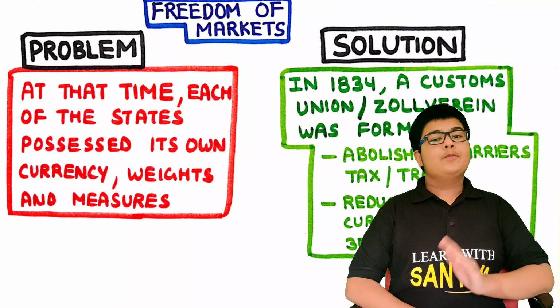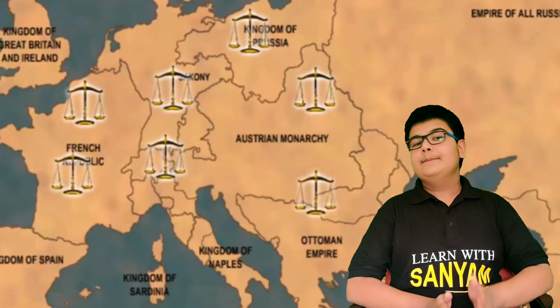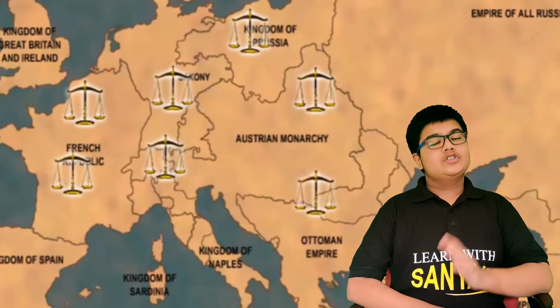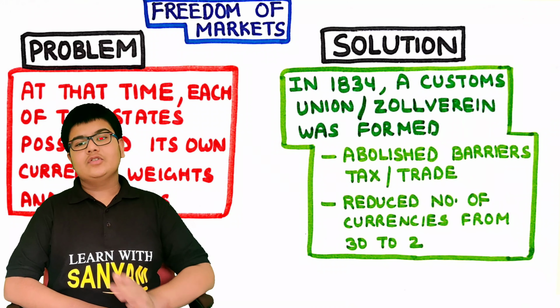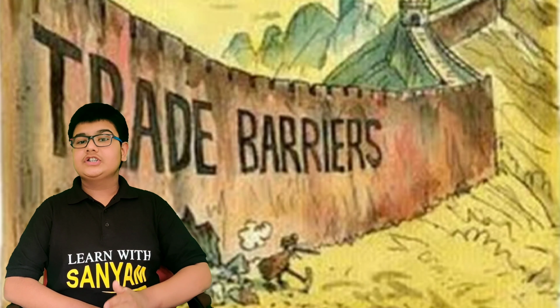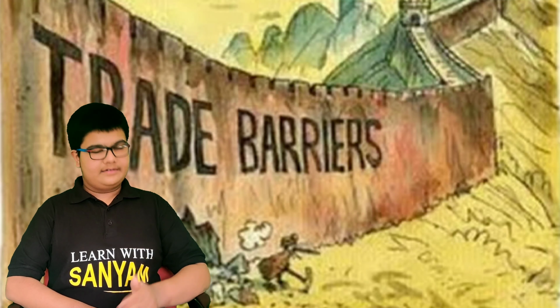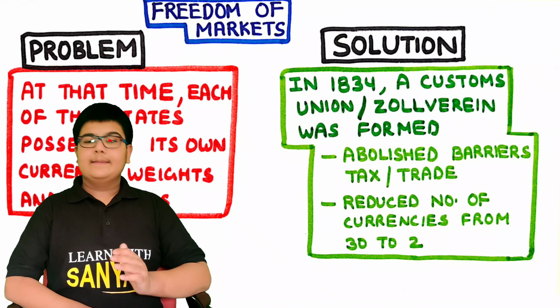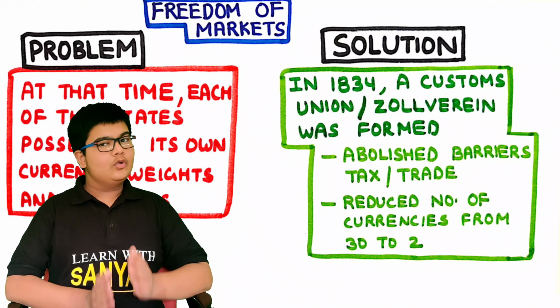At that time, the problem was that each of the states possessed its own currency, weights and measures. So in 1834, a customs union, Zollverein, was formed. It abolished the barriers on trade or tax, and it also reduced the number of currencies from 30 to 2.